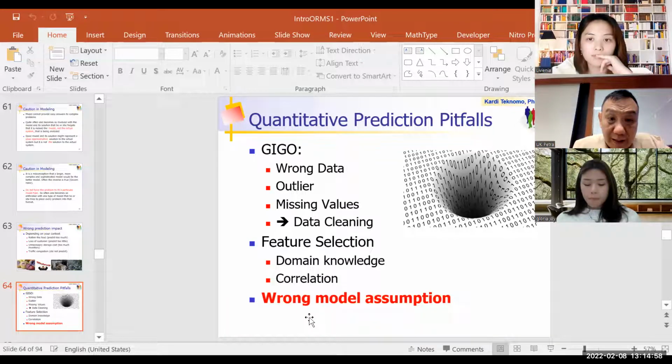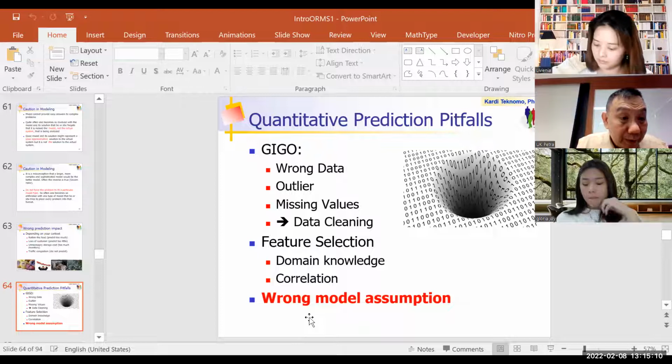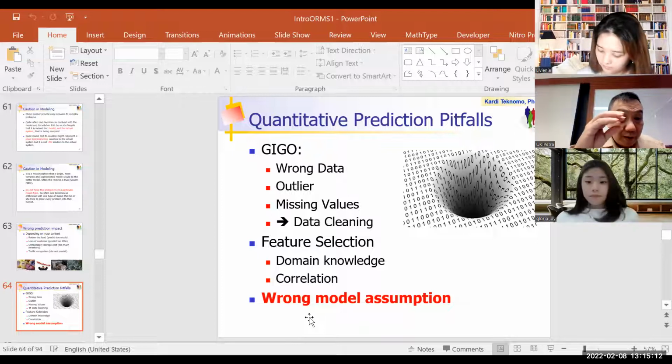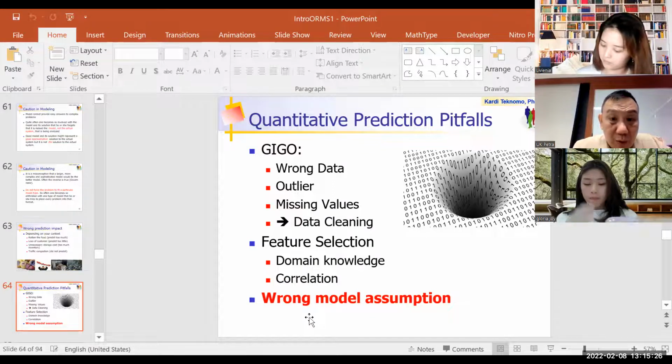And data cleaning. You clean the data before you analyze. It's very important because otherwise, if your data is, for example, mistyped, they are actually the same data, but you mistype, then you interpret it as different data. So in this case, you need to clean the data. How do you know that this is a mistake? One way is to check the outlier.